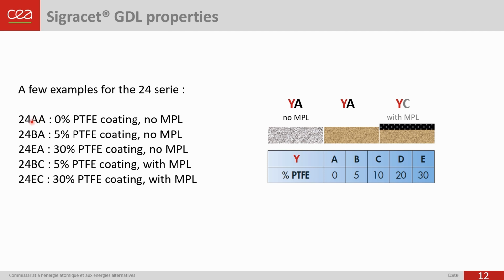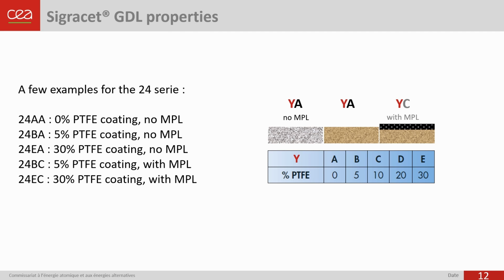The first letter always stands for the amount of PTFE on the fiber coating. So when it is an A, it has 0% PTFE. When it is a B, there is 5% PTFE. And when it is, for example, E on 24EA or 24EC, that means the fiber substrate has 30% PTFE.